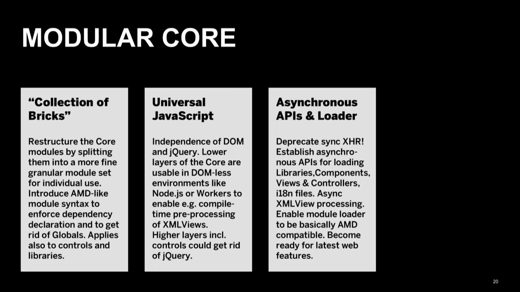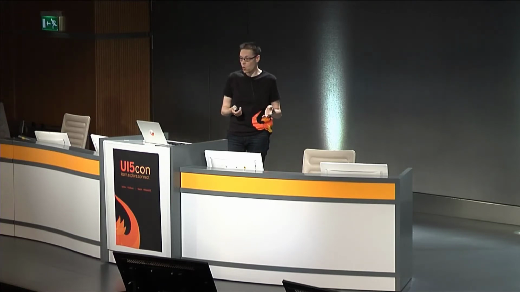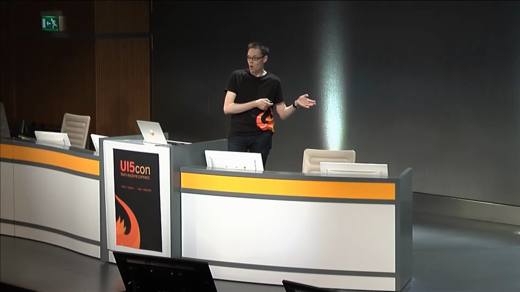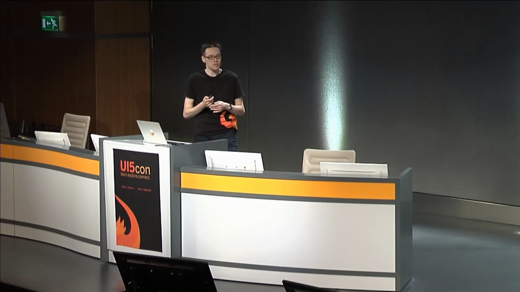We also introduced in 1.52 optionally a way to do asynchronous XML view processing. And the UI5 loader actually started to show up as well. You'll see in a minute. And that's the way to go for all your asynchronous module definition.